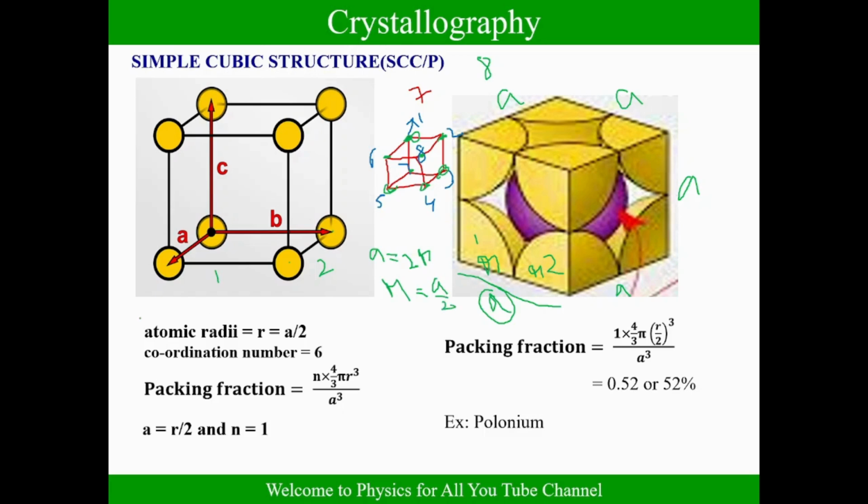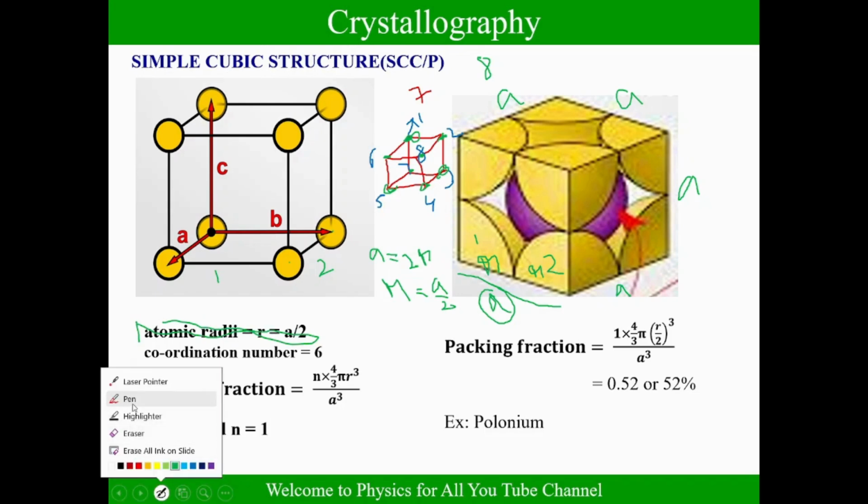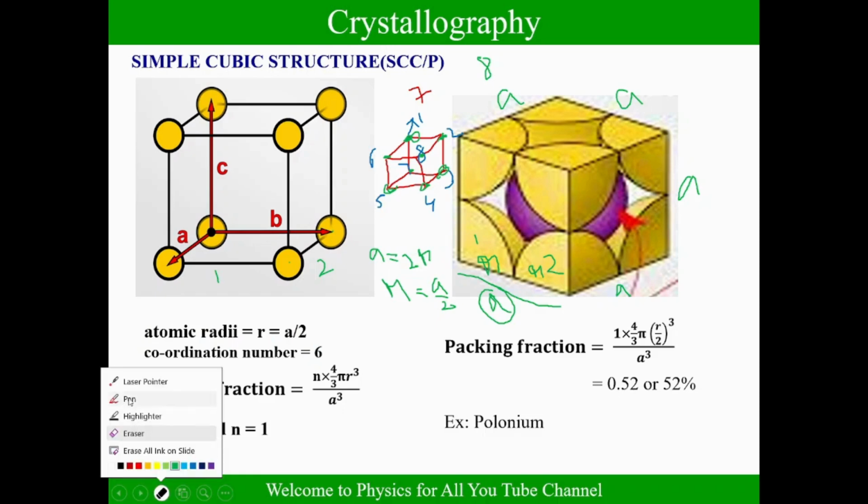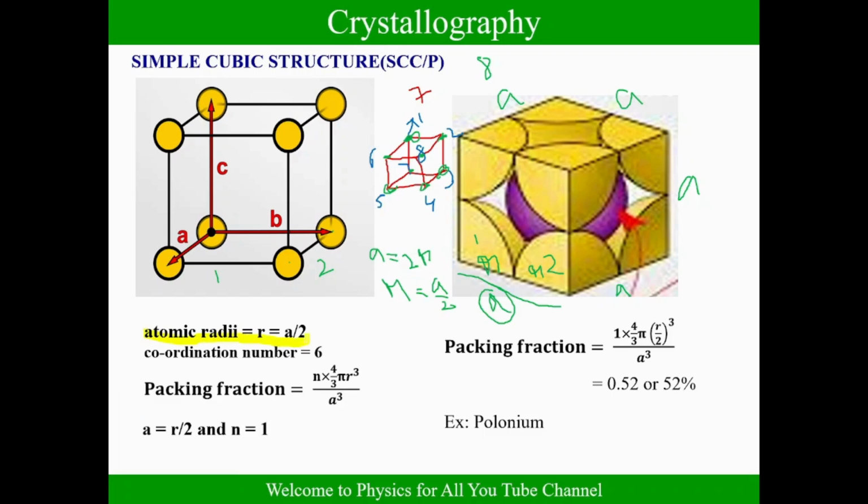So, in the case of simple cubic structure, the atomic radius can be written as r equal to a divided by 2. Okay. Now, you have to remember this point. In the case of simple cubic structure, atomic radius is r equal to a divided by 2.